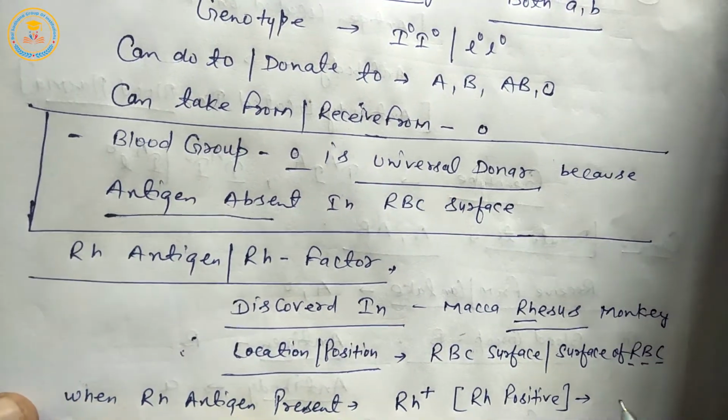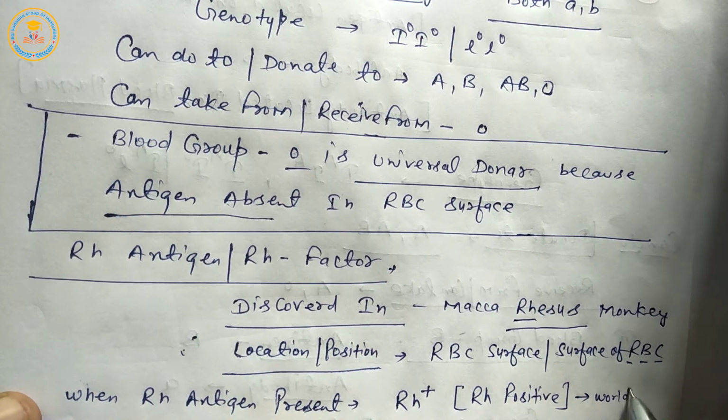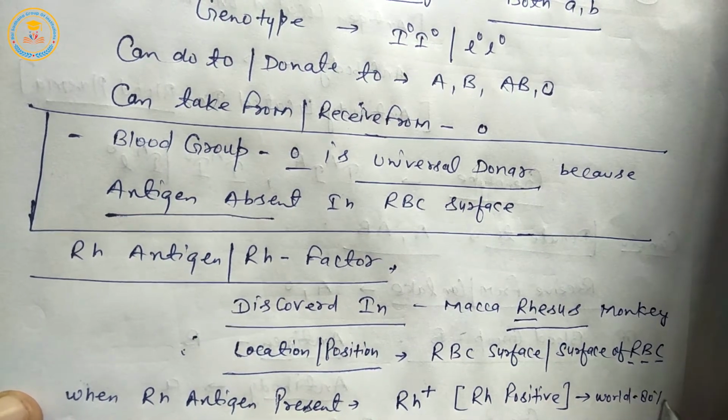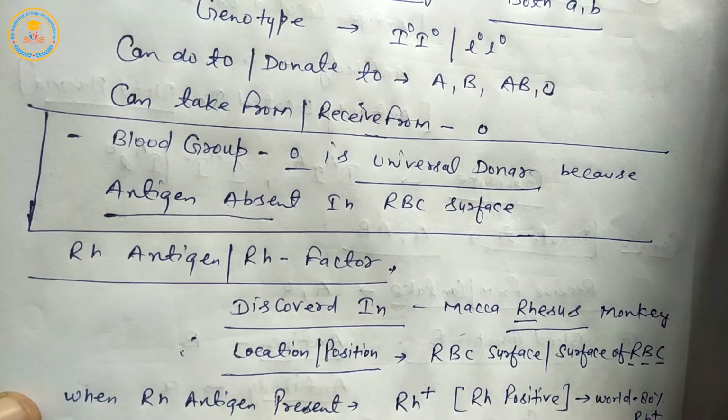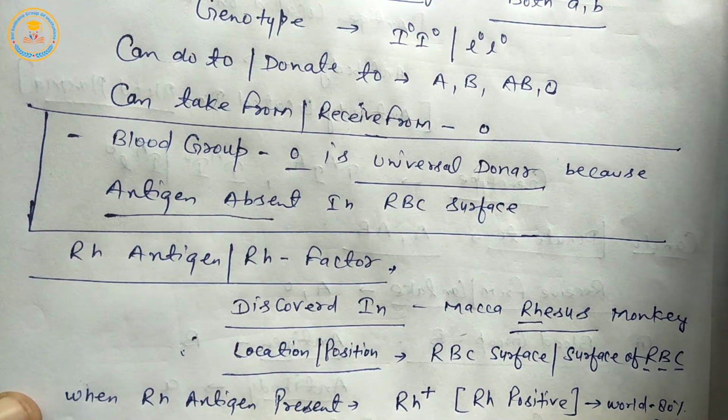In the world, 80% of people are RH positive, but according to the immunity chapter, 85% of people in the world are RH positive.